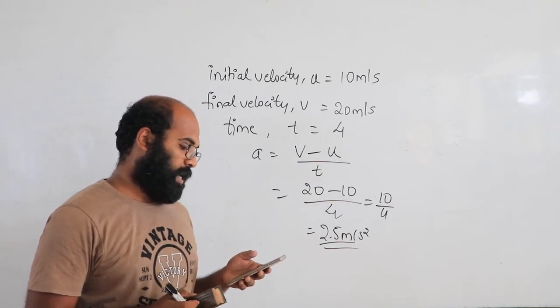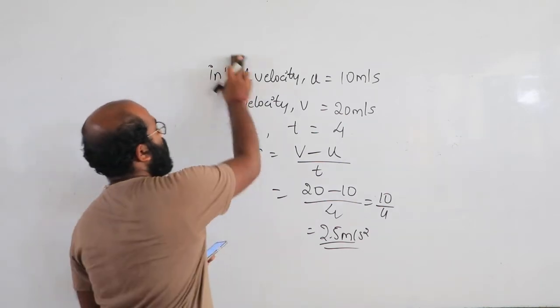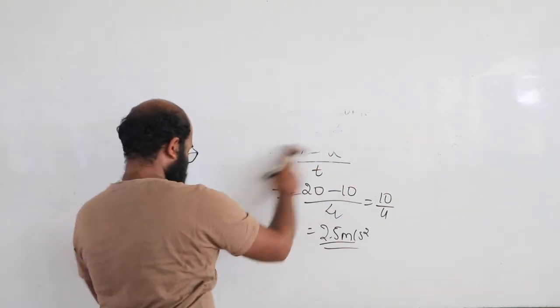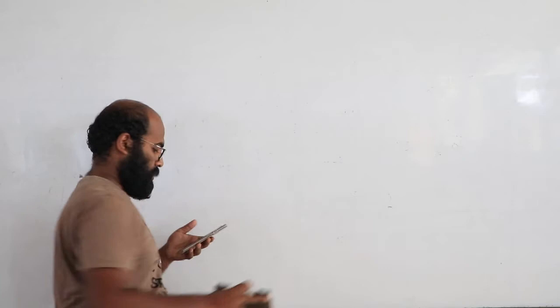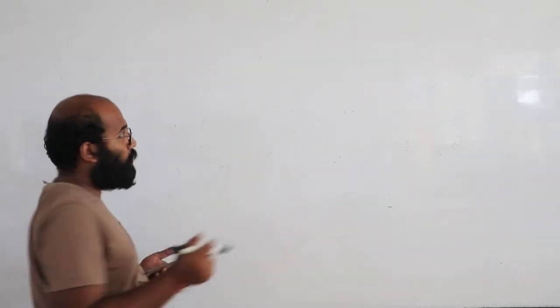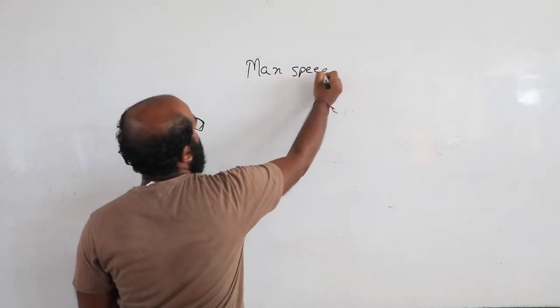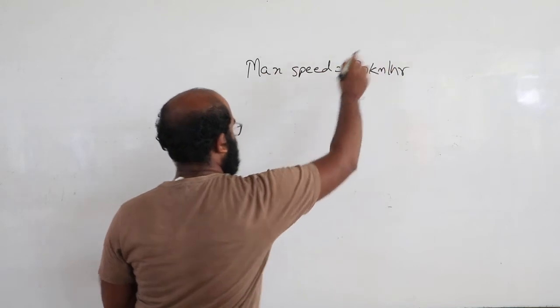Find the ratio of its average speed to maximum speed. So here, the maximum speed of a train is 90 km per hour. So max speed 90 km per hour.